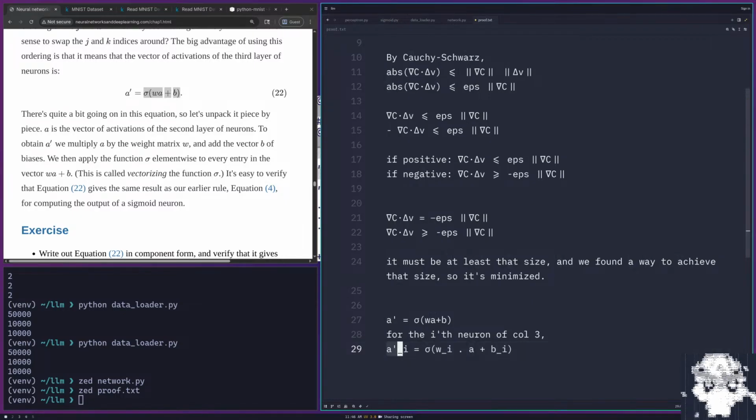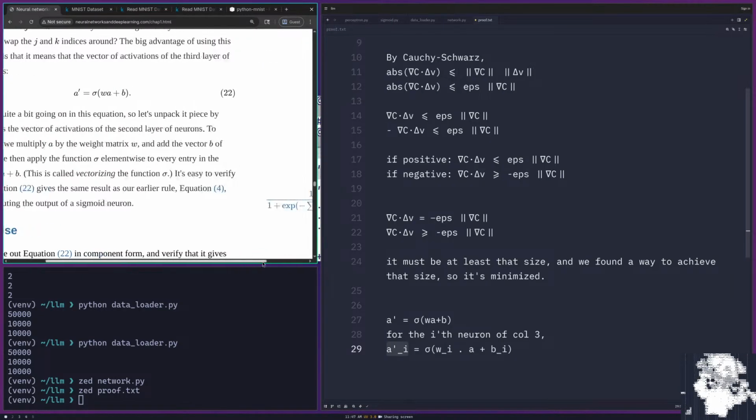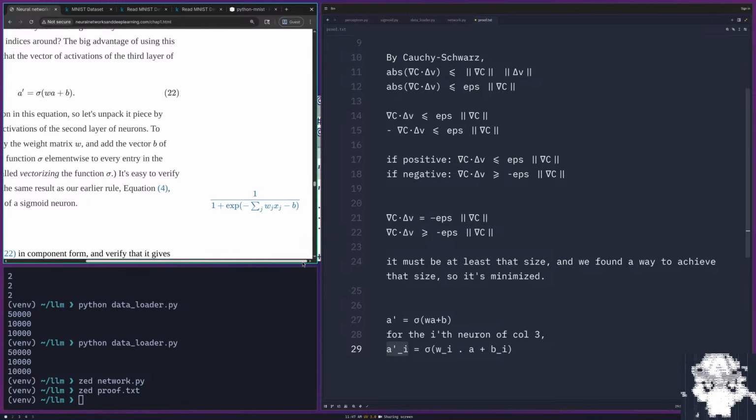So this is for one sigmoid neuron. But that's what we had to show, right? Equation 4. Oh, yeah, this is just sigmoid of this.